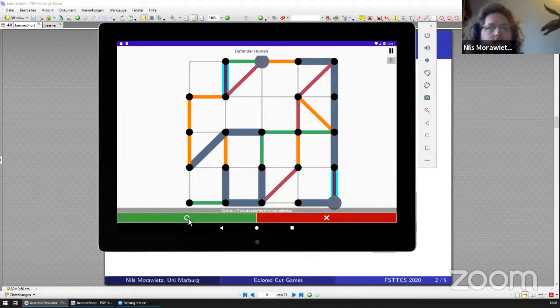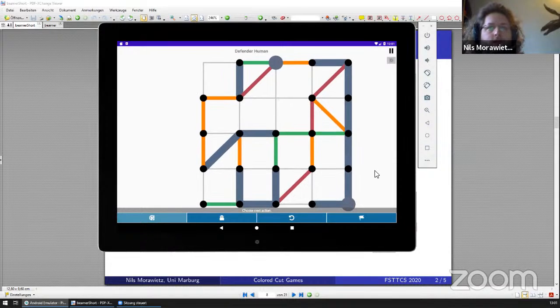So we protect this purple color, and it's again the attacker's turn, and the attacker now has to choose the orange color, as otherwise, again, the defender could win in his next turn. And now we can see that these two vertices are in different connected components, so the attacker won the game and had a winning strategy on this example graph.